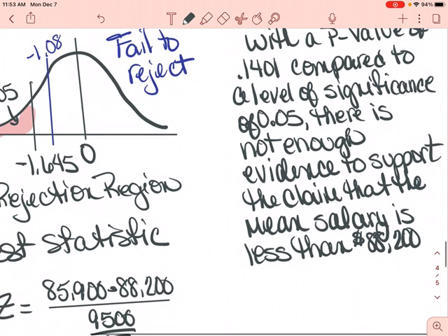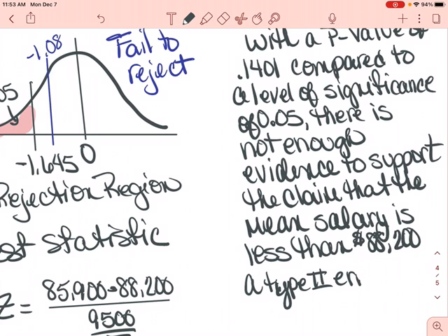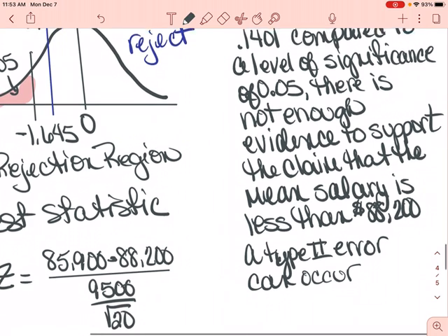Okay? All right, so we would be able to say a type 2 error can occur.